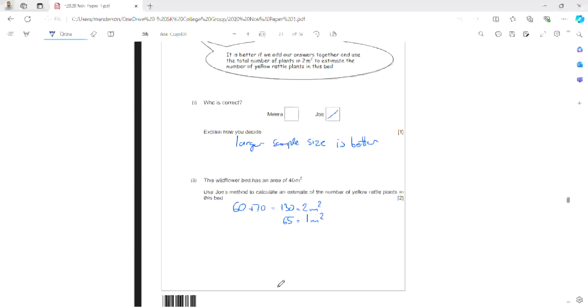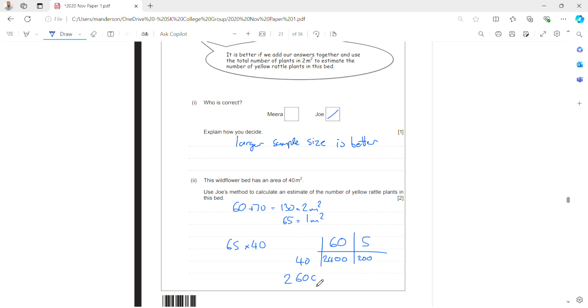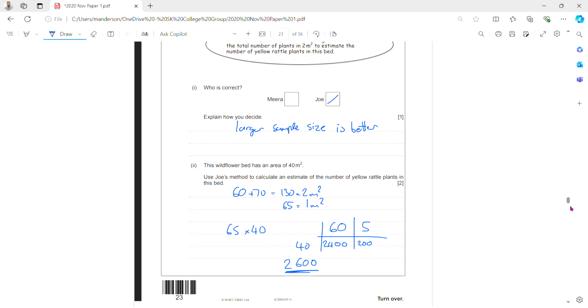We have 40 metres squared, so we're going to do 65 times 40. So I'm going to split up my 65 into 60 and 5, and multiply that by 40. 6 times 4 is 24, times 10 times 10, and 5 times 4 is 20 times 10. So my final answer is 2,600, which again feels like another good place to stop.